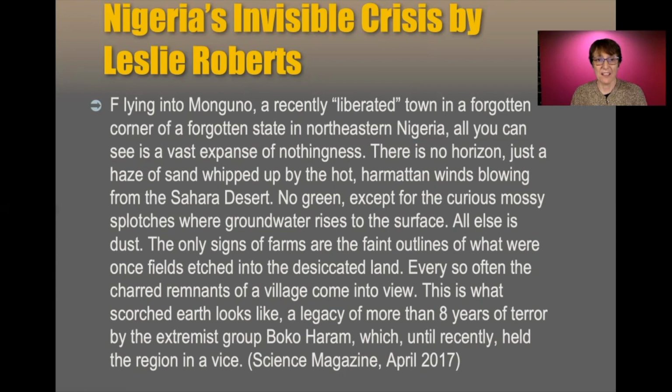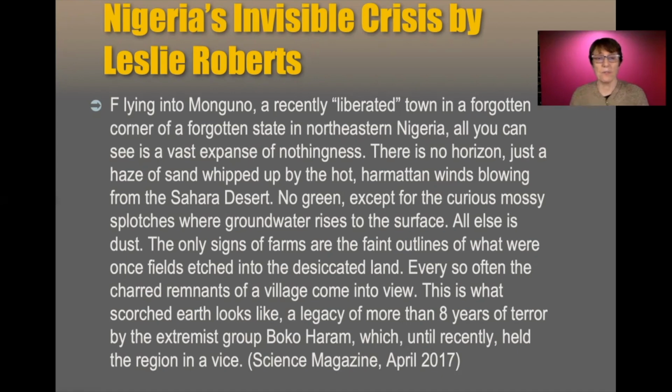All else is dust. The only signs of farms are the faint outlines of what were once fields etched into the desiccated land. Every so often, the charred remnants of a village come into view. This is what scorched earth looks like, a legacy of more than 8 years of terror by the extremist group Boko Haram, which until recently held the region in a vice.